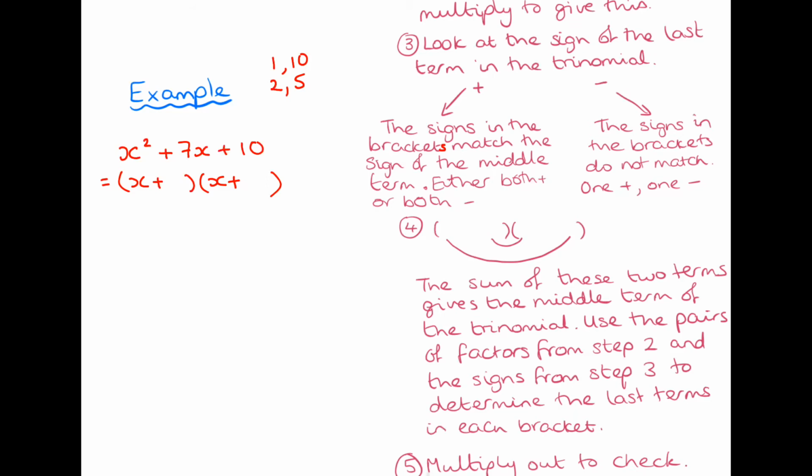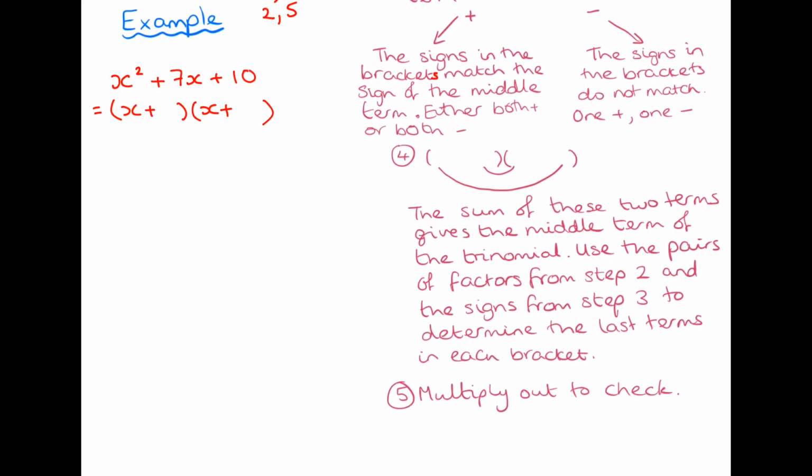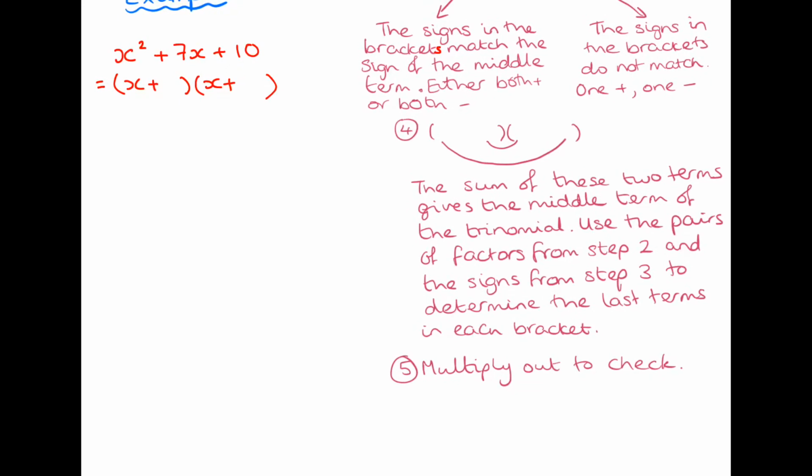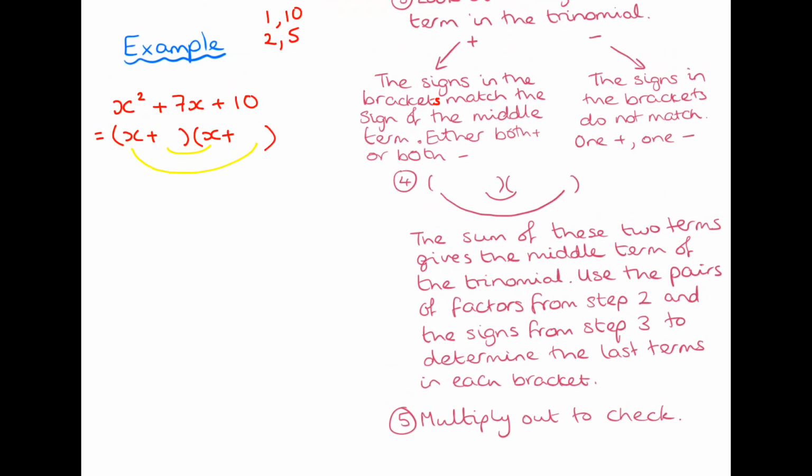All right. And then on to step 4. It's the sum, remember, of this times this and this times this that we need to be equal to the middle term 7x. So we need to think about whether it could be 1 and 10 or whether it can be 2 and 5.